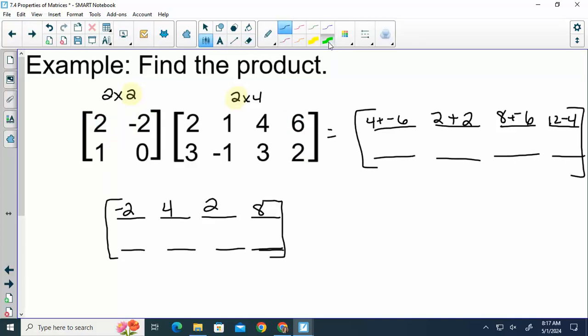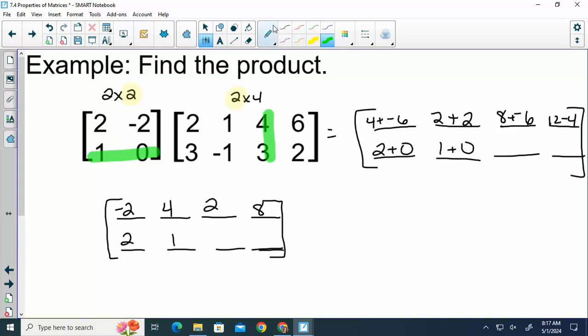Now I need row 2, column 1. So 2 times 1 is 2, 3 times 0 is 0, so we get 2. Row 2, column 2. 1 times 1 is 1, 0 times negative 1 is 0, and we get 1.